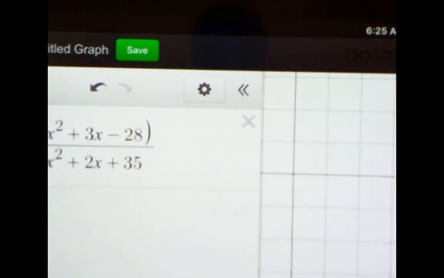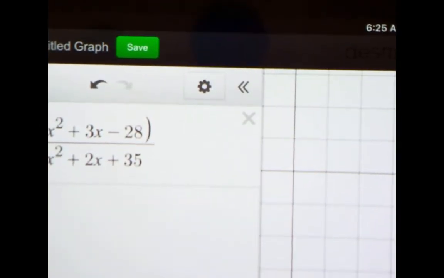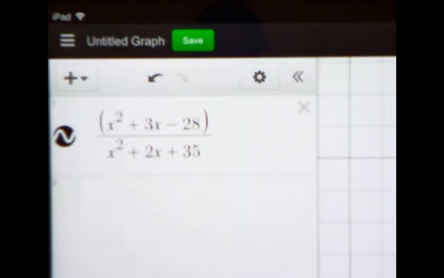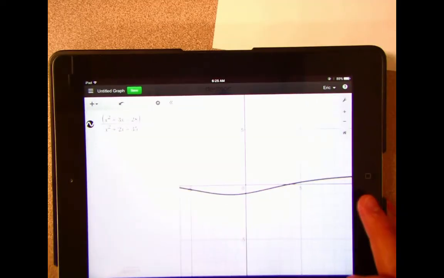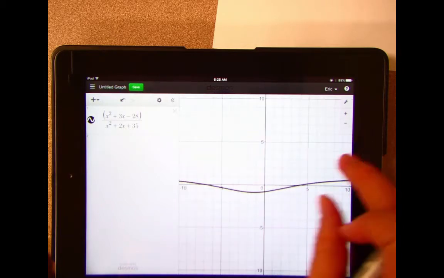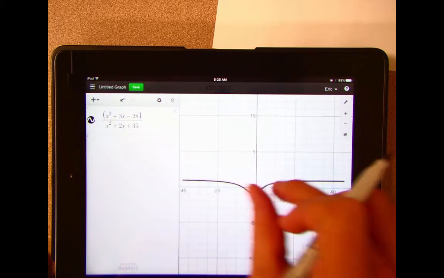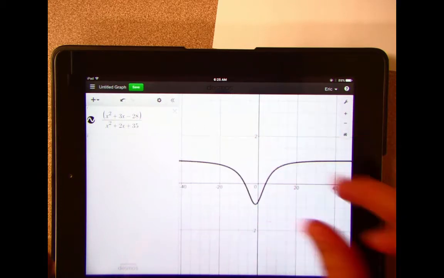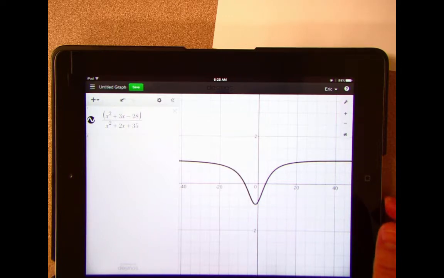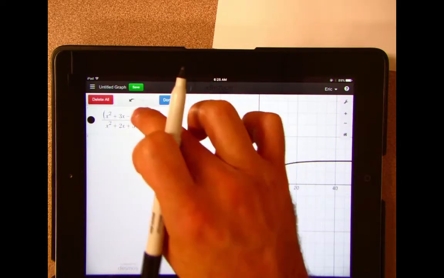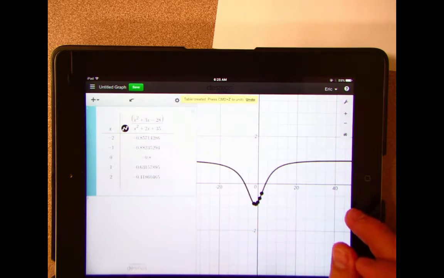Let's zoom out here. Now this looks weird. Desmos has a hard time with this. One of the things that will signify that you have a hole is when one of your vertical asymptotes is missing. I'm going to change this to a table view so we can see this.